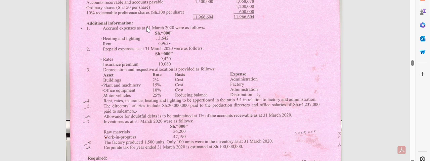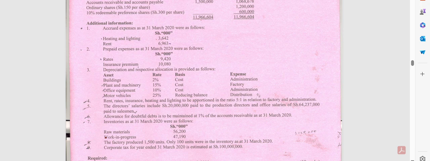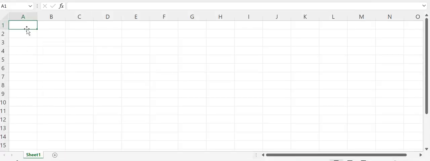So I want us to begin with the accruals. We open the T account for heating and lighting. So we start with that one. So allow me to open my Excel. So we are going to start with heating and lighting.